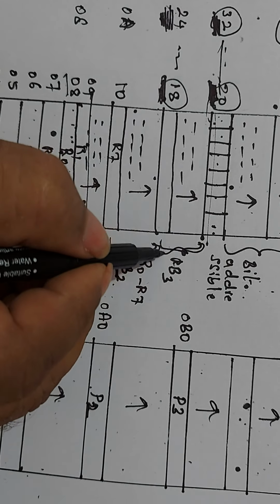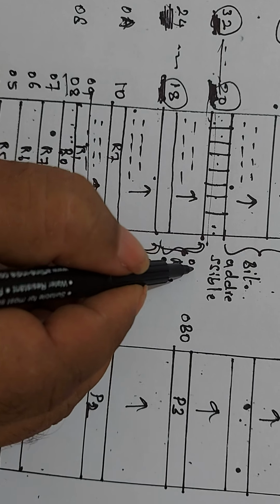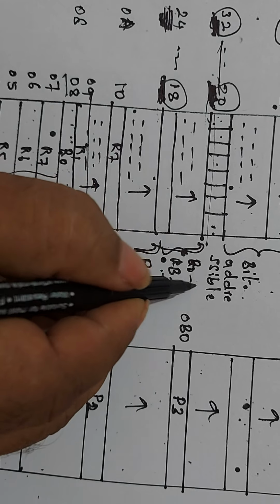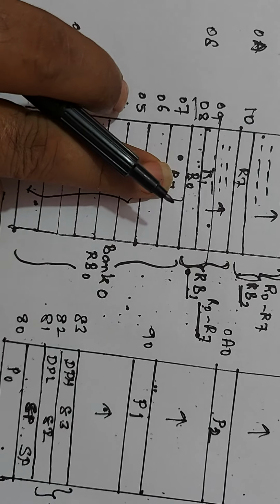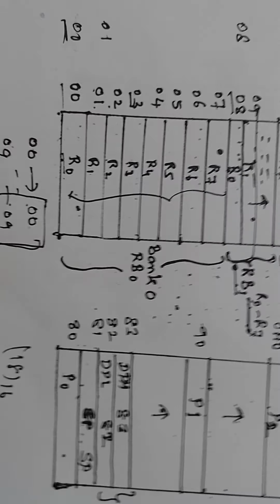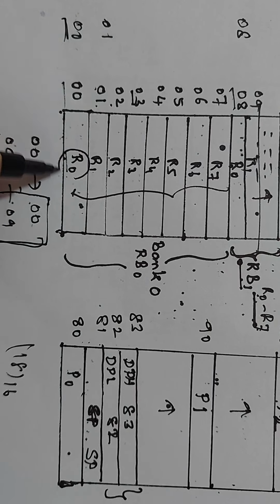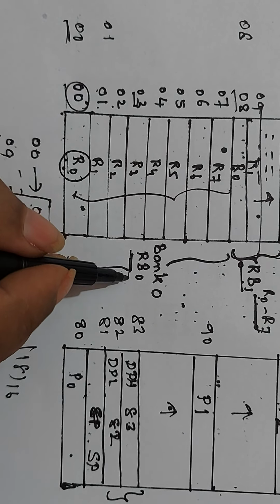The register bank RB3 also consists of 8 registers R0 to R7. But the byte addresses of the same R0 in different banks are different. Example, the byte address of R0 is 00, which is in bank 0.